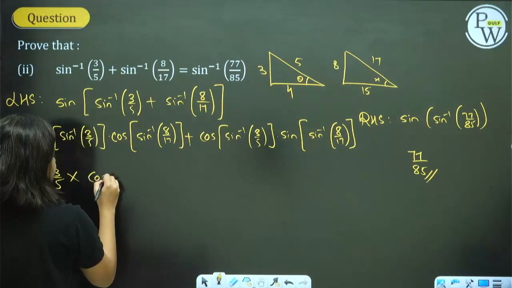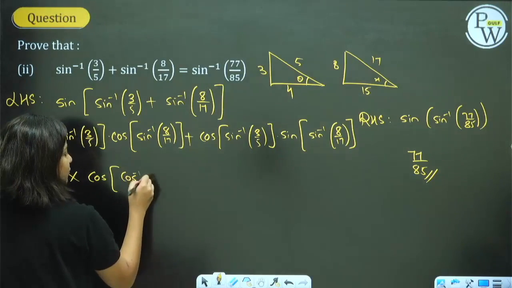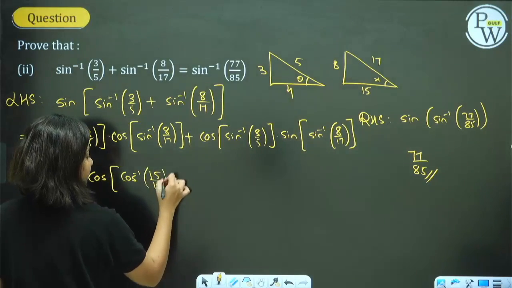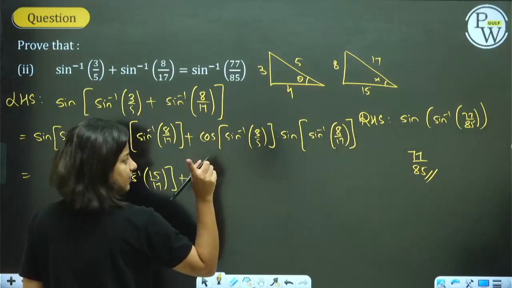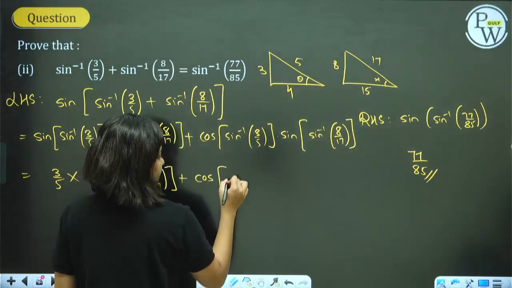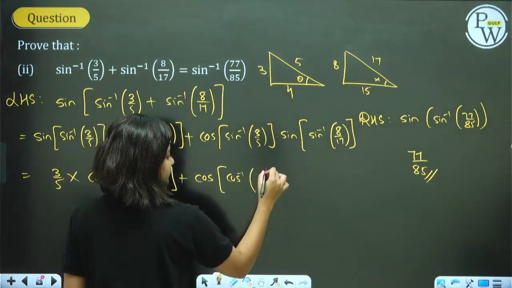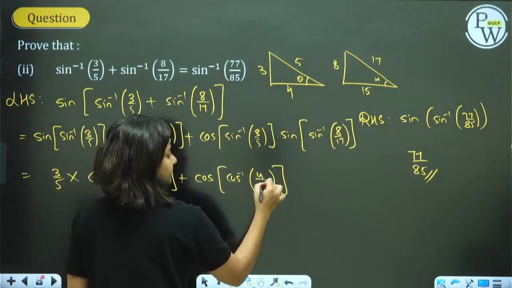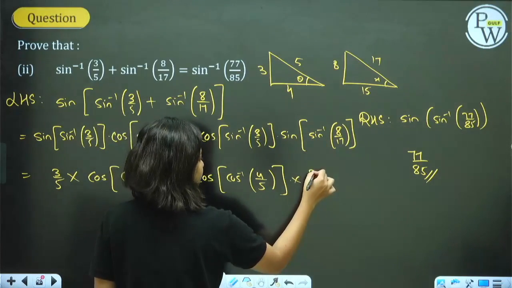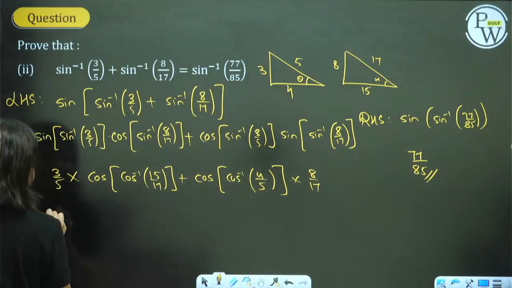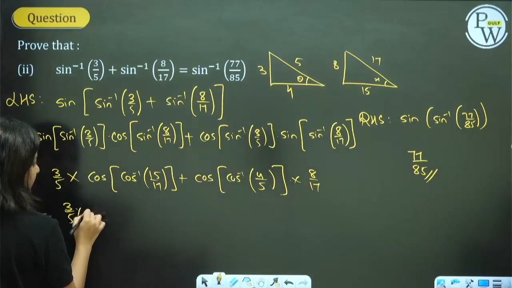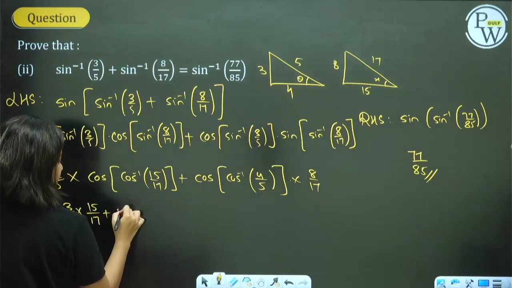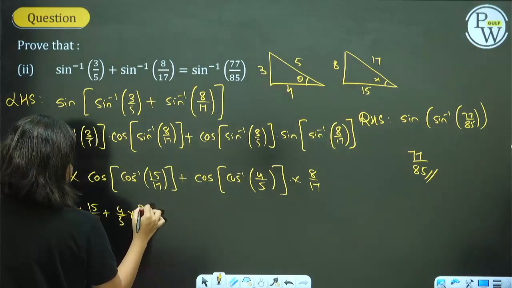So in the second triangle, if I want to convert this sin into cos, adjacent over hypotenuse, 15 by 17 it will be. And in the first triangle, cos is 4 by 5. So 3 by 5, cos cancel, 15 by 17, cos cancel, 4 by 5, 8 by 17.